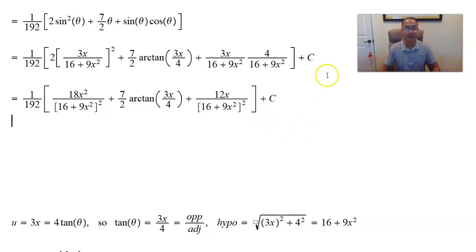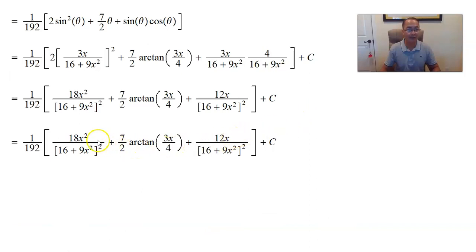So of course you know what's coming. We are going to combine those 2 fractions into a single one. 18x squared plus 12x divided by 16 plus 9x squared, quantity squared. So we have that, and we can erase this.